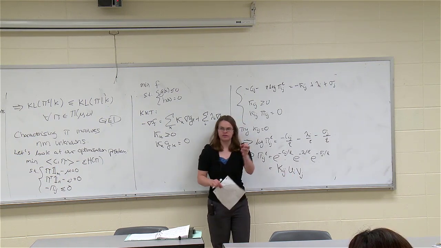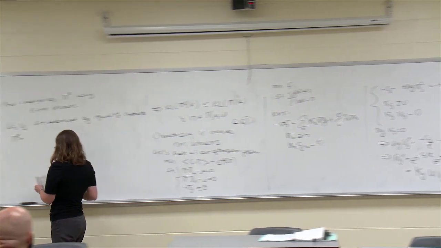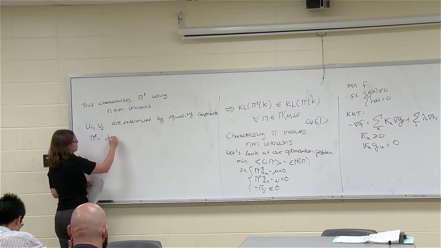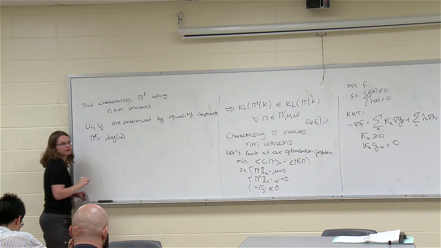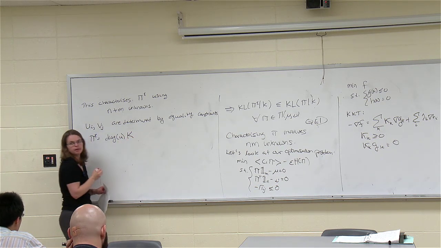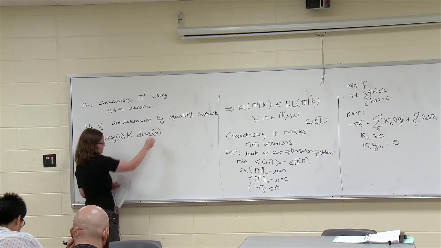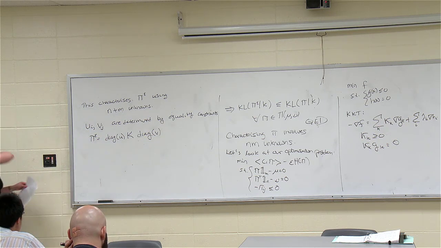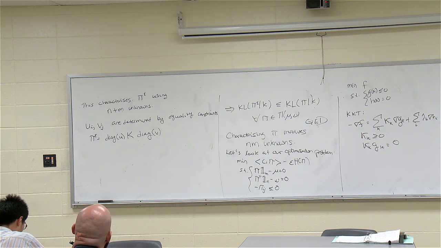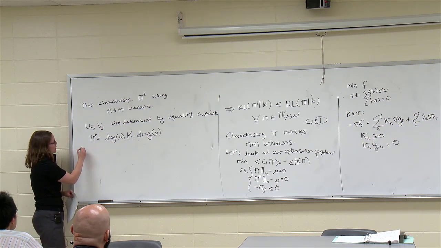If I take the elements of U and I just create a diagonal matrix out of them, the same with the elements of V. Okay, so this is going to be diagonal of U. That's an n by n matrix times K, which is n by m, times the diagonal of V. Okay, and what do we require?